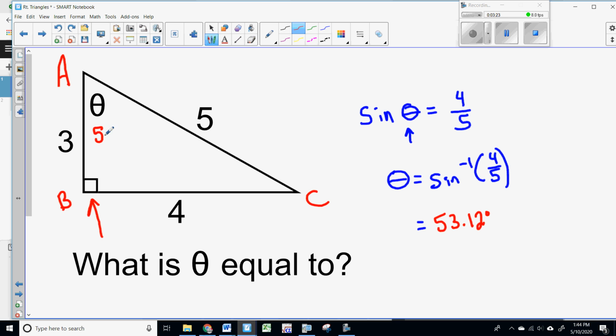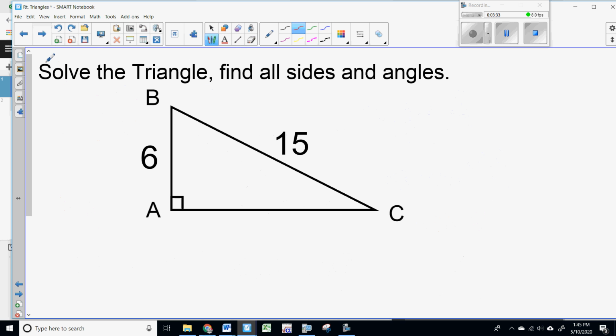Now, anytime you do this, you only have to do this one time, because once you find that angle, you could then find this angle by subtracting from 90. Now, many times when we do these, we're not going to be given all three sides. We're only going to be given two sides.